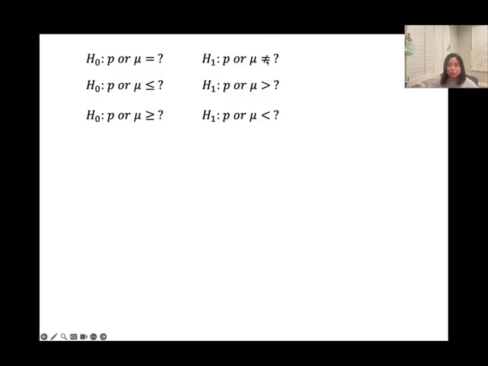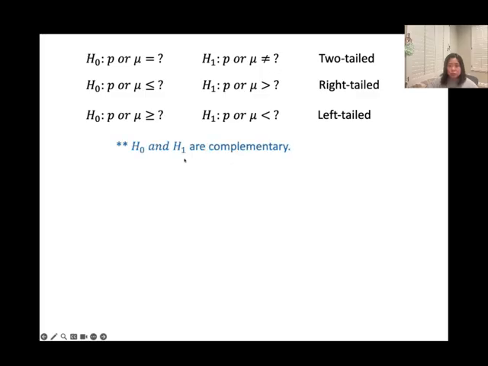When we're working on not equal to, that is a two-tail test. Greater than, that will be right tail. Less than, that will be left tail test. And then you're going to see these are going to be a pair, because the null and alternate hypotheses are complementary. It means they're going to take everything.